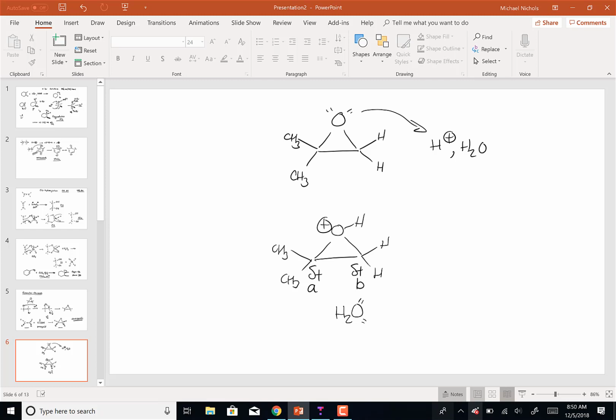The carbon that's most substituted, because that's the carbon with the most positive charge, which in this case is going to be A. So the water is going to add to carbon A, and then that bond is going to break, and the OH is going to swing to the right.